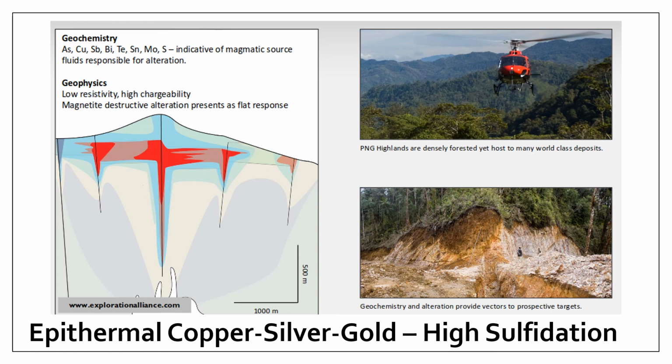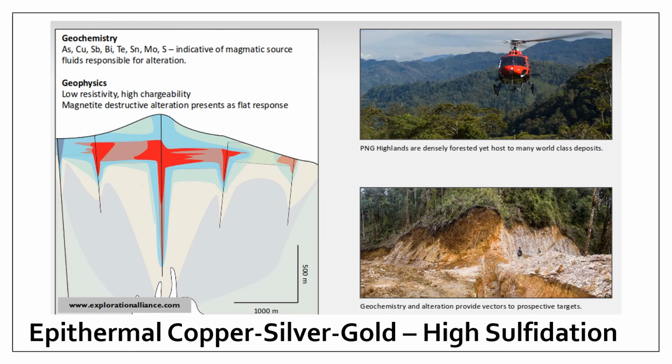In terms of geophysics, okay, these are mostly metals. So you can expect high conductivity, therefore low resistivity. And we also have what we call chargeability, which is especially high when you have metals that are dispersed.